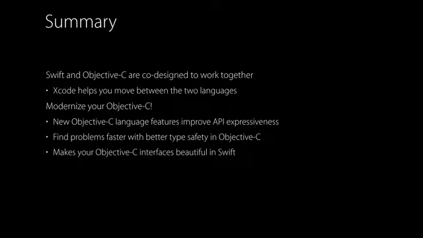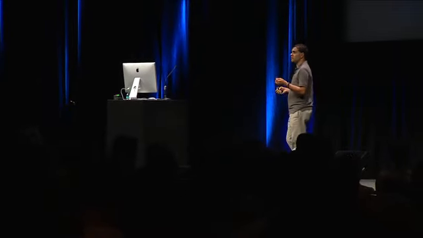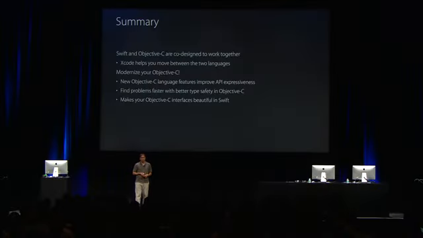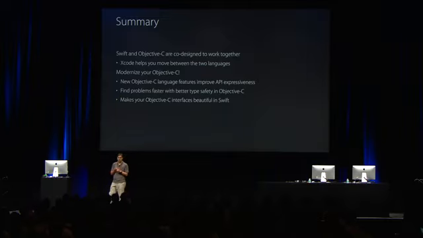We highly recommend you modernize your usage of Objective-C. These new language features give you much better APIs, and you'll see this in our APIs and in yours. They give you far better type safety to catch bugs before they manifest as the dreaded unrecognized selector at runtime. And using these features can really make your Objective-C interfaces beautiful in Swift, so you have the best Swift experience with your own code.